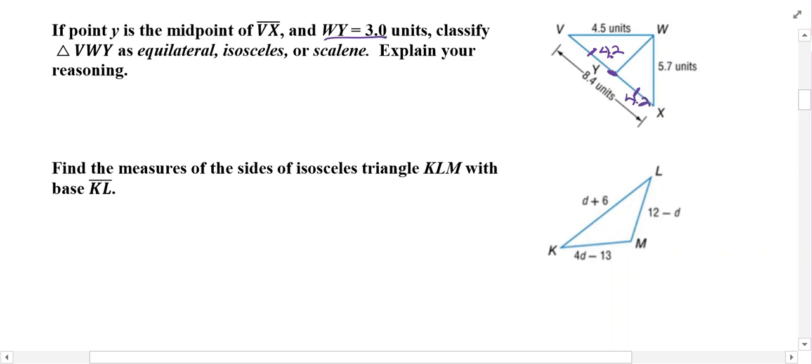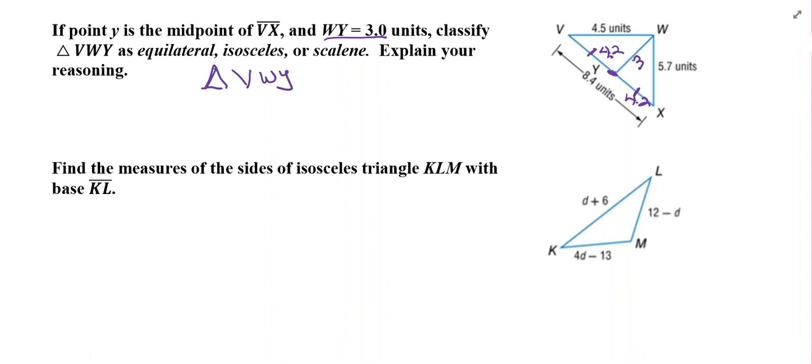Next, it says that WY is 3, and it asks you to classify VWY as equilateral, isosceles, or scalene. Well, none of the sides are congruent. VW is 4.5, VY is 4.2, and WY is 3, so this is scalene.